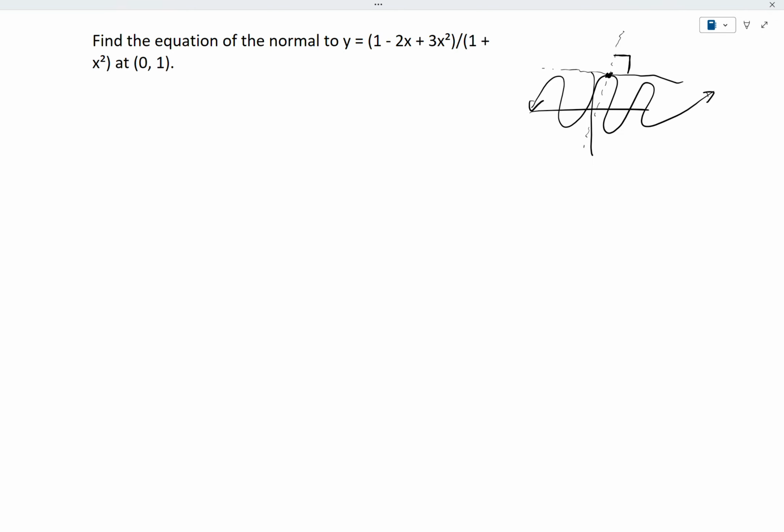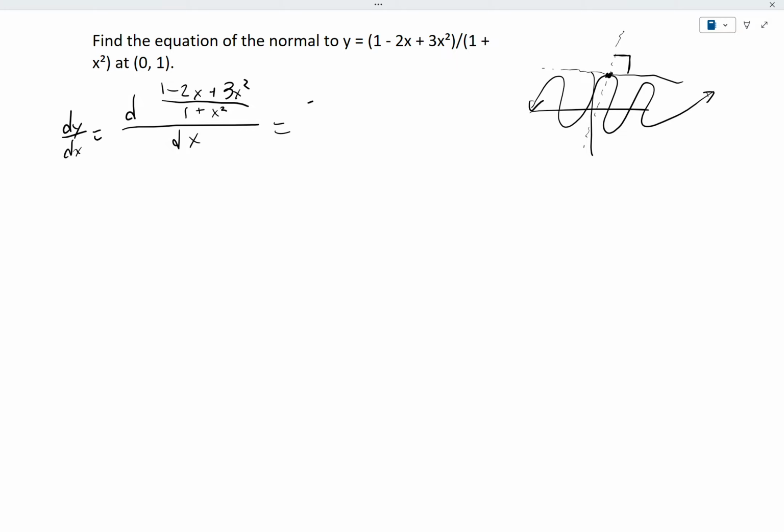And to do that, I'm going to take the derivative of the curve. dy/dx is equal to d of this big monstrosity of an equation right here, (1 minus 2x plus 3x squared) over (1 plus x squared). So you can tell I'm going to be using the quotient rule right here since I have a quotient. So that's what I'm going to do in this next step.